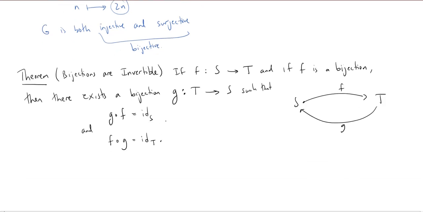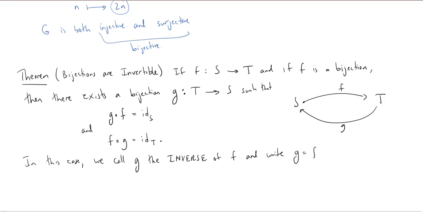In this case, we call g, well, it could be an inverse, but in fact there's only one of them. So we'll use the definite article, the inverse of f, and write g equals f with an exponent of -1. We just read it as f inverse. That's how we'll say it out loud.